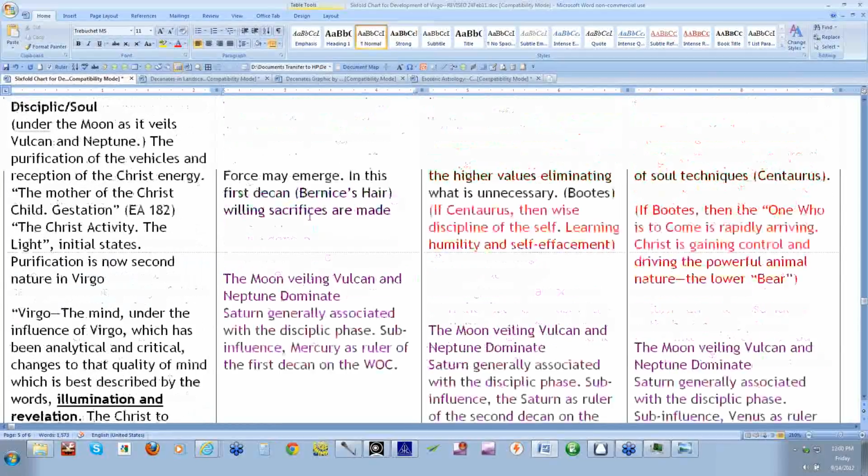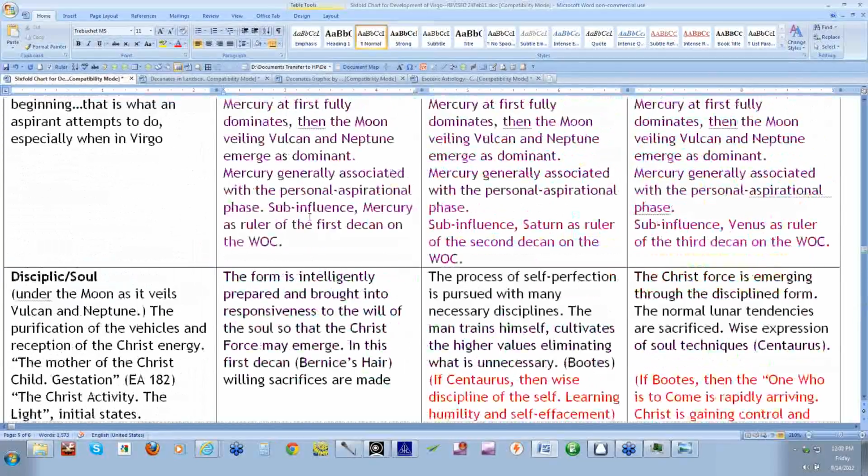So now we go back here and we take a look at the disciple who may be born in the first decanate, and the form is intelligently prepared and brought into responsiveness to the will of the soul so that the Christ force may emerge.